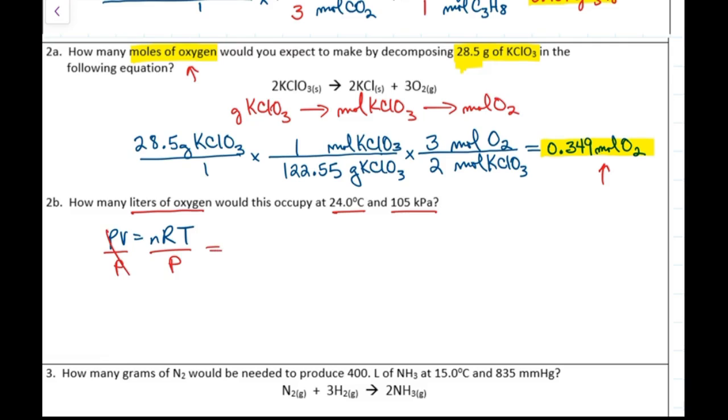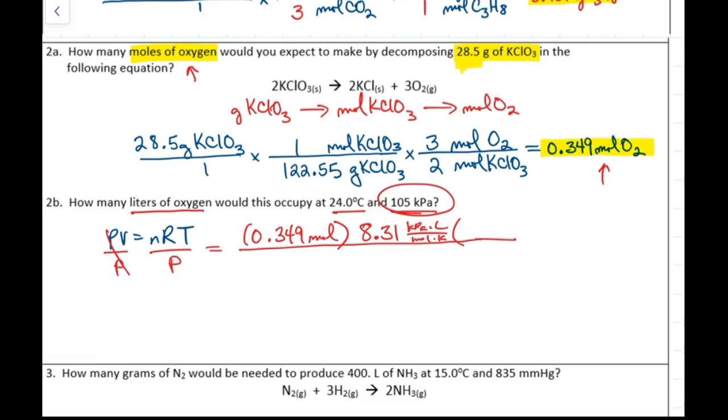And so I'm just going to plug in the numbers. The n value, and again, this is for oxygen, because we're looking for volume of oxygen. So the n value here would be the number I just calculated, 0.349 moles. The R value, if my pressure is in kPa, the R value, again, this is in your notes, but it's 8.31 kPa times liters over moles times kelvins.